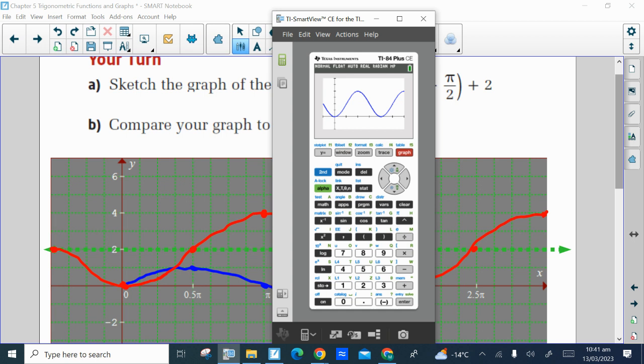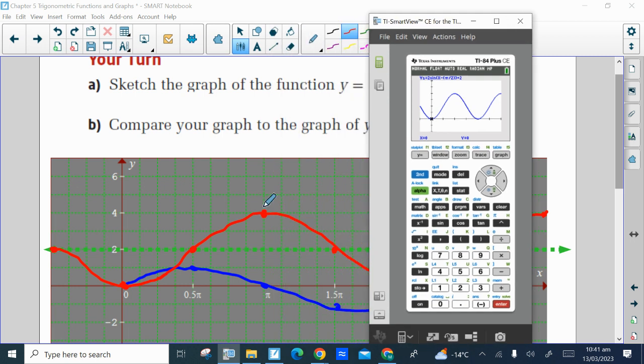it looks the same, but I can check some key points. This graph goes through the point 0, 0. So if I go into trace, I let x equals 0, y equals 0, so that point matches up. My first maximum point is at pi radians, a maximum value of 4 should be at pi, and it is.